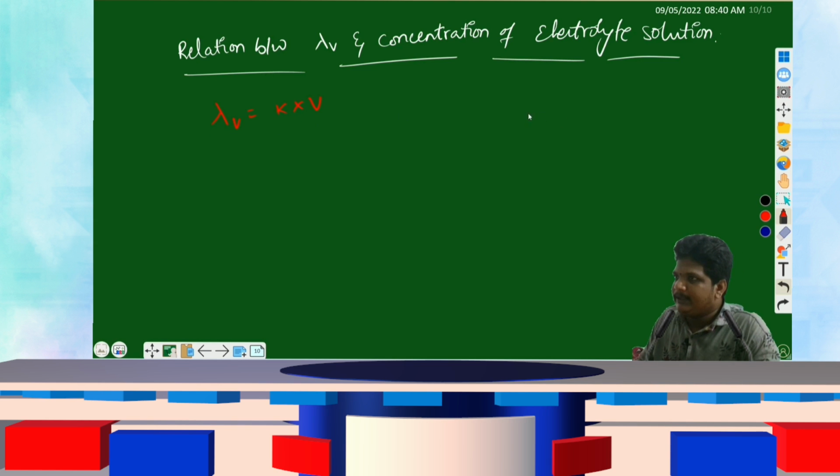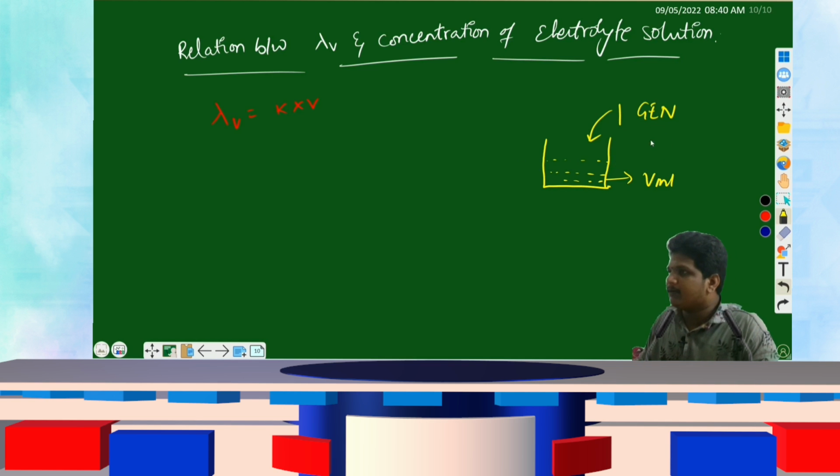So this is the electrolyte solution of V ml, and here we have 1 gram equivalent electrolyte.